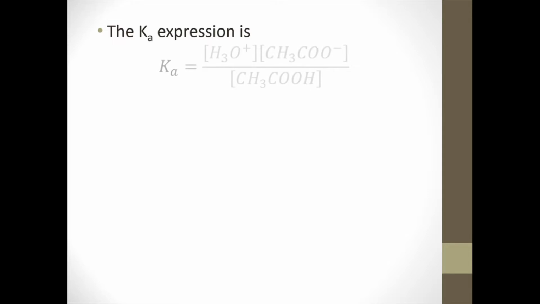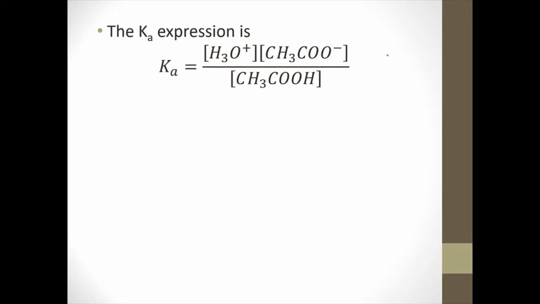So from an equilibrium perspective, you can get the following equilibrium expression. If you write out the equilibrium expression as we normally would, with products over reactants, we get the following, where Ka is equal to the concentration of products over reactants.